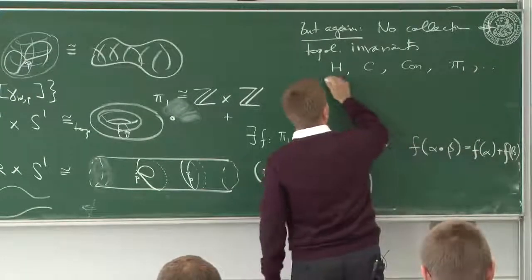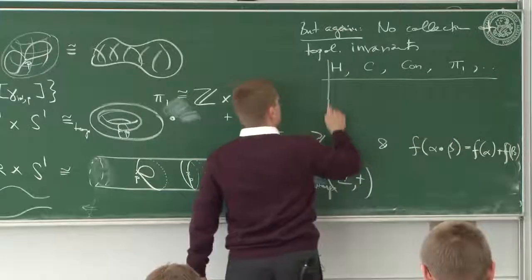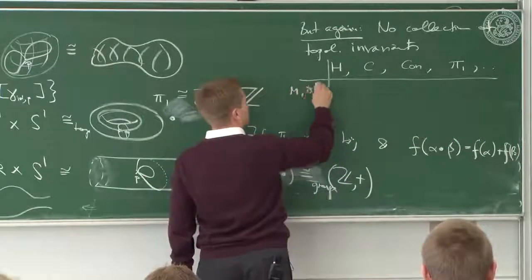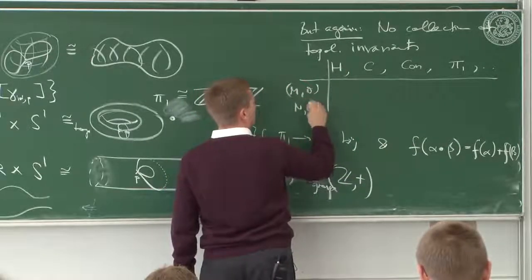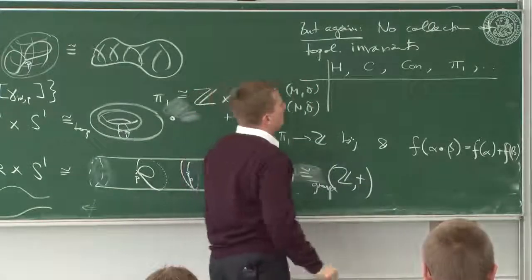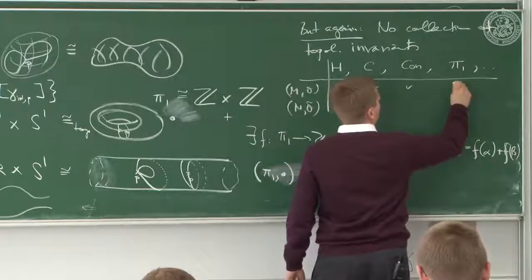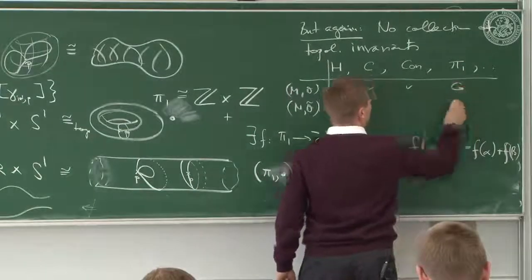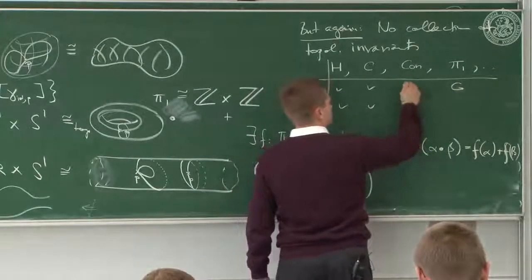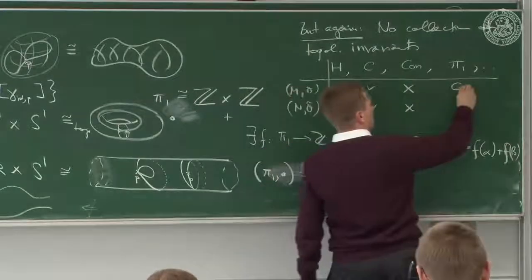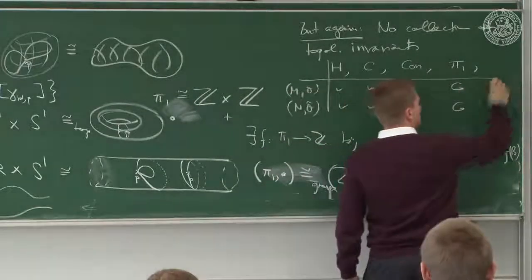No such list exists such that for two topological spaces M and N twiddle, you could check if they're all the same. Say this is the group G and this one has it, or doesn't have it, and it also has the group G and so on.